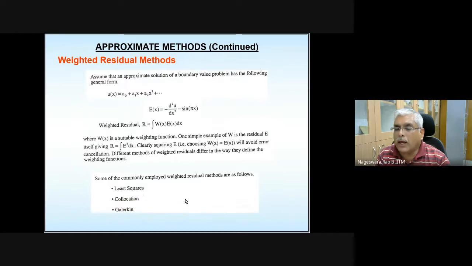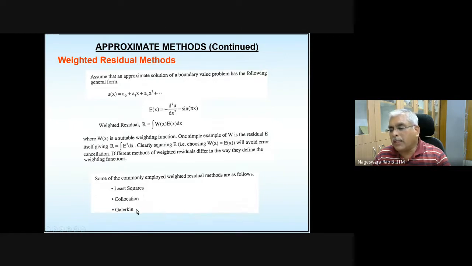If you have not heard about it, or if you have forgotten, you better go to Wikipedia. Capital D-I-R-A-C, Dirac delta function. In the collocation method, the Dirac delta function is used as a weight function.